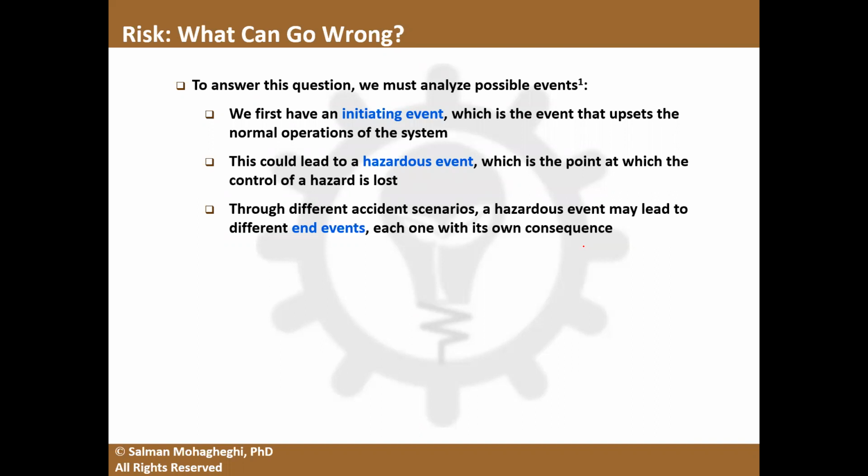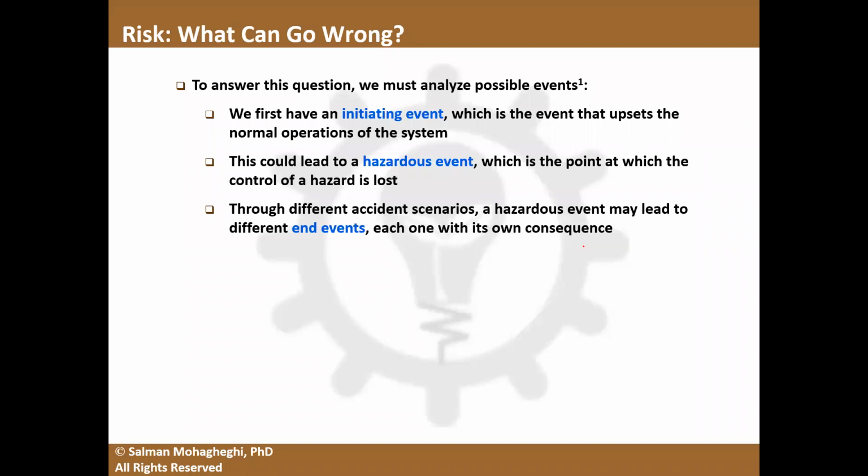What can go wrong? As we saw, in every system, you're going to have different hazards. These hazards, if an initiating event takes place, might turn into a hazardous event, in which case you have lost the control of the hazard, and either directly or through some accident scenario might lead to an end event.